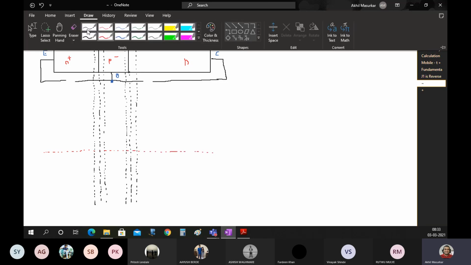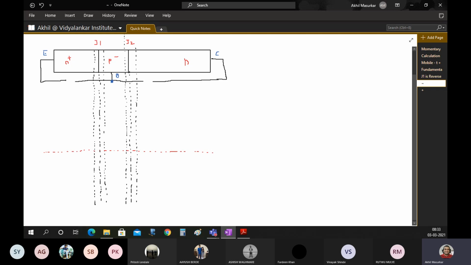Now, here junction J1 has to be forward biased, minus plus. So plus is which terminal? Base. So that will be VBE, and J2 has to be reverse biased. So here minus of the supply and here we have plus.